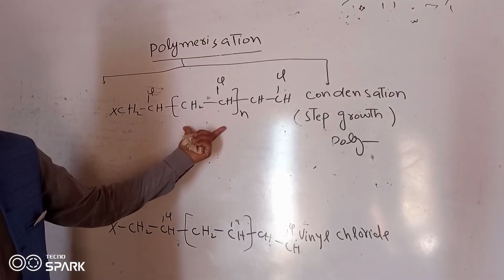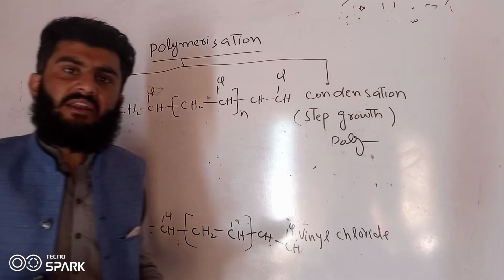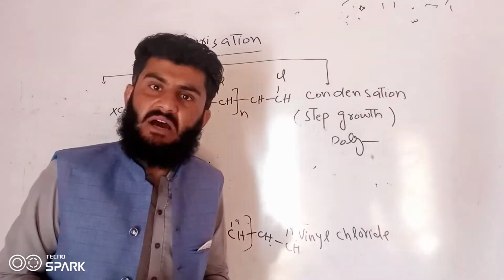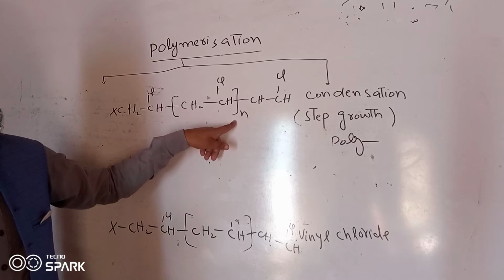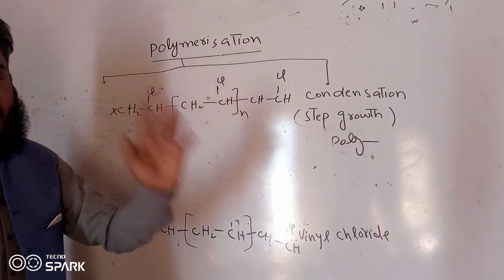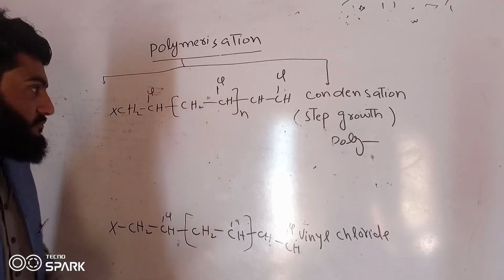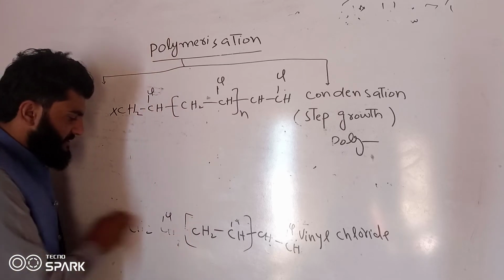This means that when n units of monomer combine, it may be 3, 4, 5, 6, 7, 8, 9, 10 and so on. So this was the propagation step.